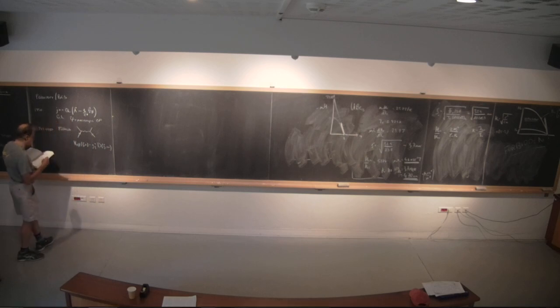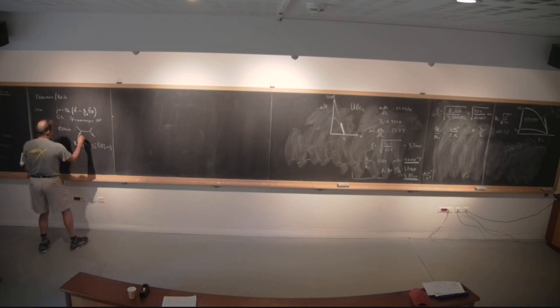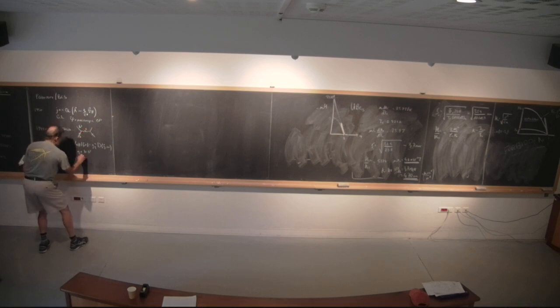When you evaluate this on shell, which means if this is k and this is k prime, then q coming in is k minus k prime, and on shell omega is epsilon k minus epsilon k prime.